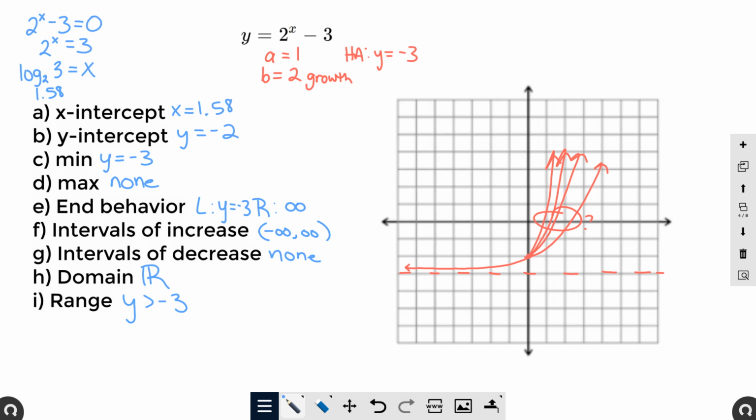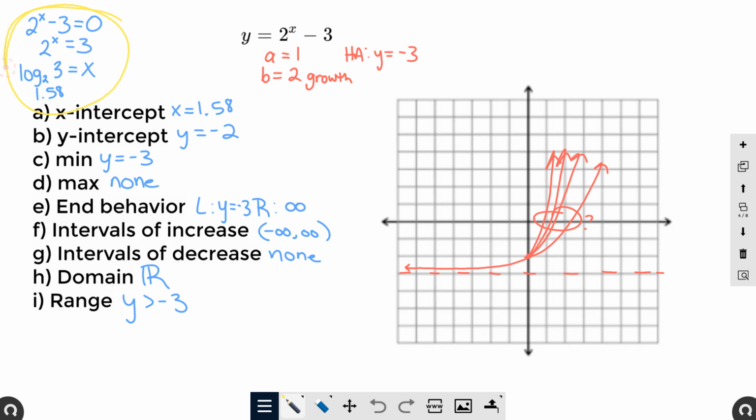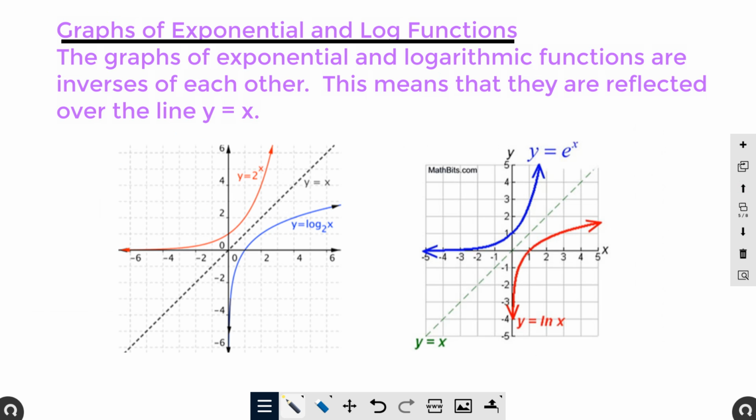When we look at the work we used to solve for the x-intercept, it was an exponential function. We changed it to a log to solve. Now, when two equations are inverses of each other, their graphs are reflections of each other. Again, you don't have to write this down, but they reflect over the line y equals x.